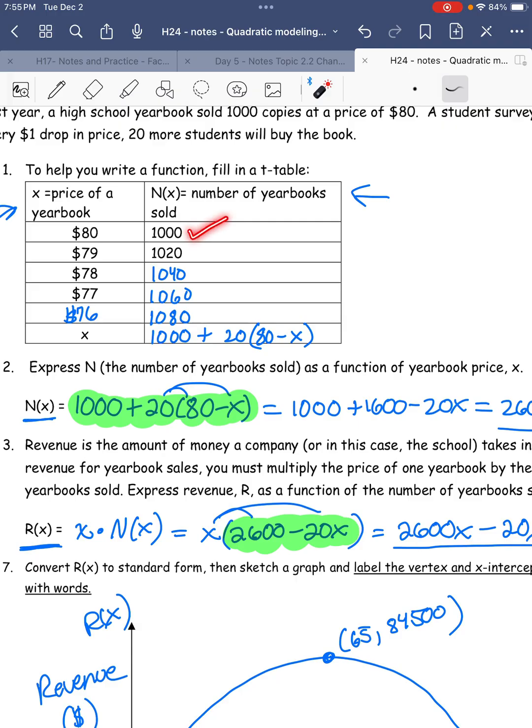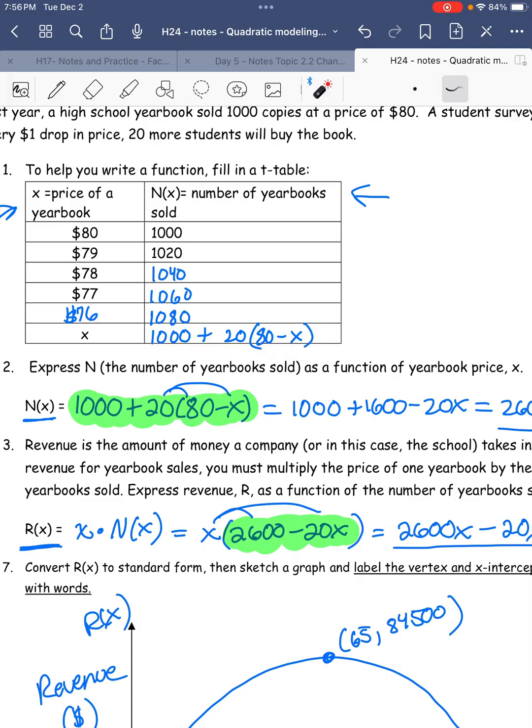So it all starts with 1,000, and you would sell 20 more books every time your price goes down $1, right? So here's my equation. I'm going to start with 1,000. I'm going to add 20 people for every dollar that my price is below 80.